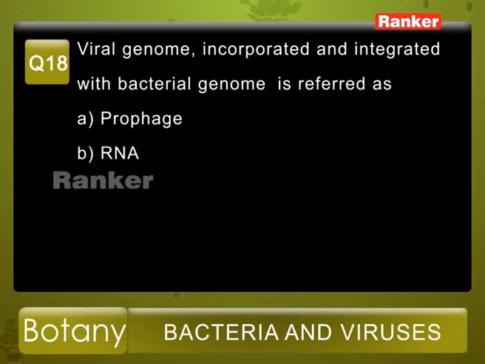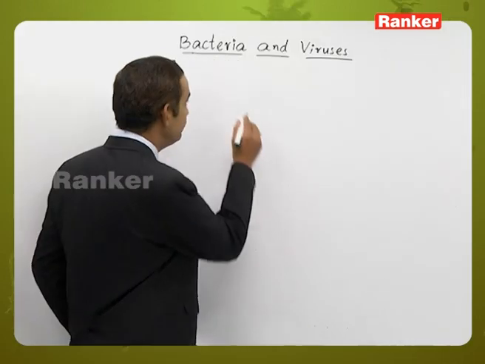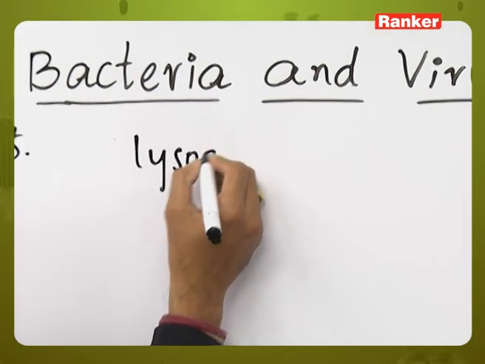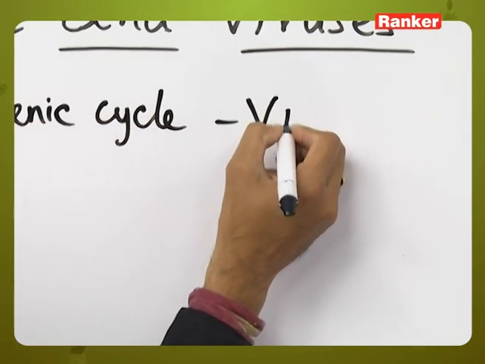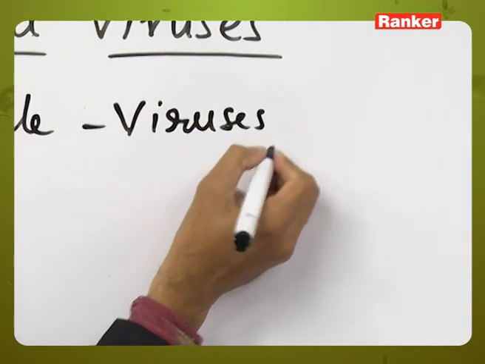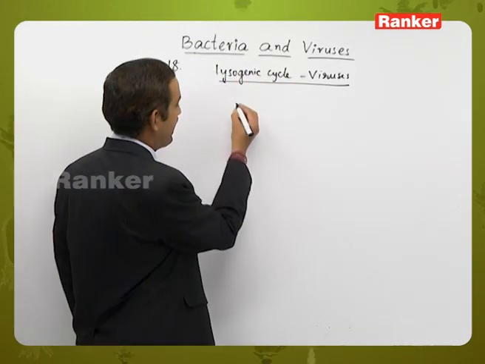Question number 18. Viral genome incorporated and integrated with the bacterial genome is referred to as. The given options are: A. Prophage, B. RNA, C. DNA, and D. Both 1 and 3. So here, during the lysogenic cycle in viruses, what happens is the viral particle will attack the bacteria.